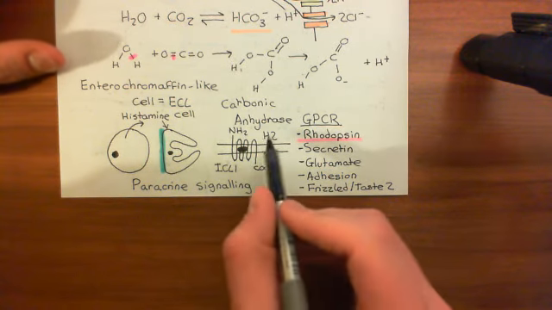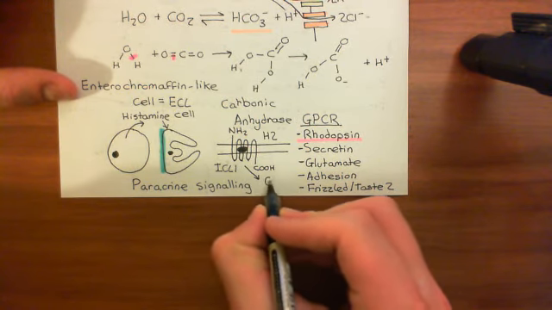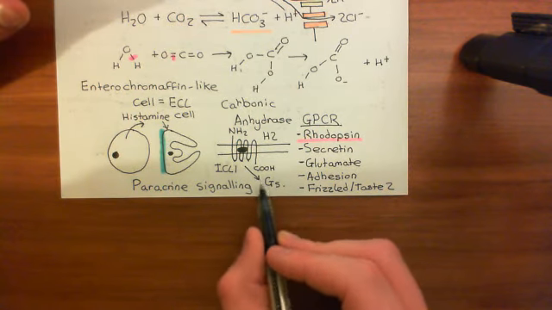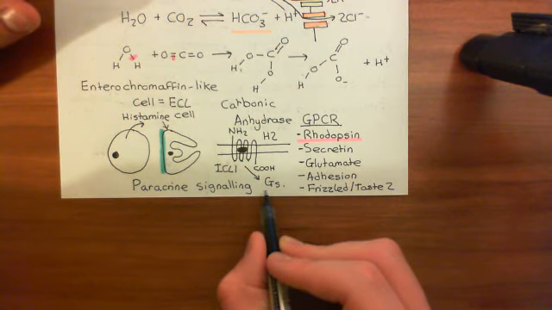Now, the H2 receptor will specifically act on GS heterotrimeric G proteins, which means that the alpha subunit of this heterotrimeric G protein is a G alpha S subunit.